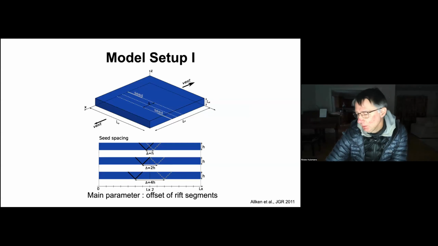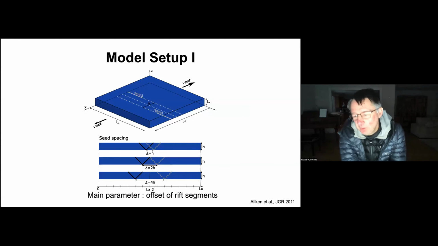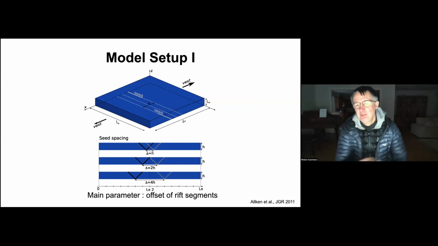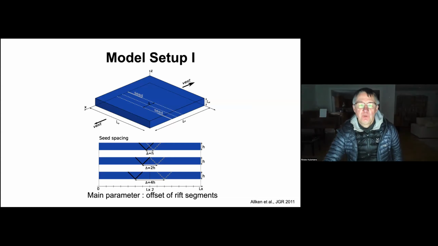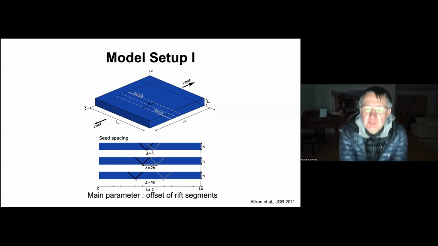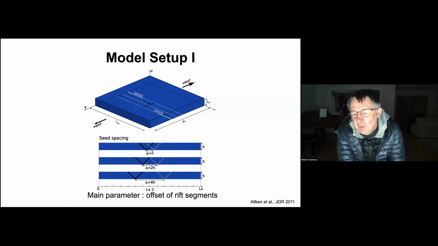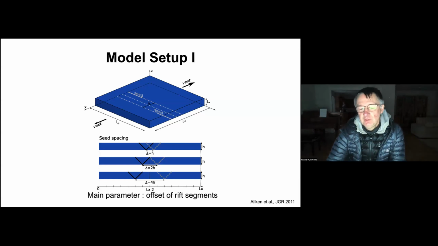So with Vanita, we used very simple models, crustal scale models, both with only a brittle layer and with brittle and ductile layers. The parameters that we varied were basically, we seeded these models with weak seeds, as you can see here, the gray lines, and we varied the spacing between these seeds and the under or overlap, and got quite interesting results.